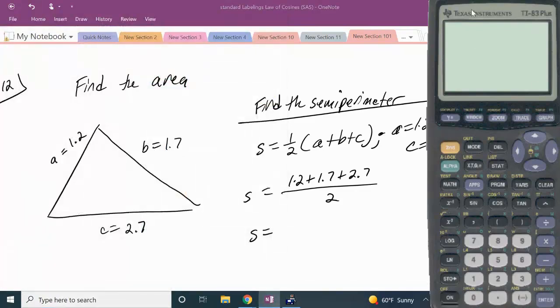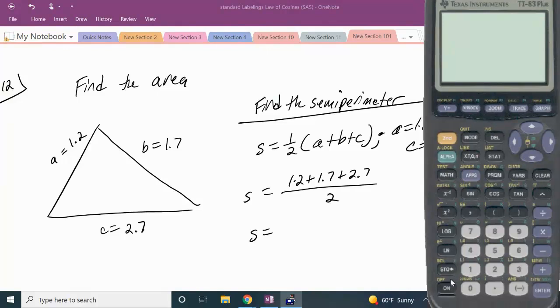Okay, so let's calculate S. So that's 1.2 plus 1.7 plus 2.7, which is 5.6.